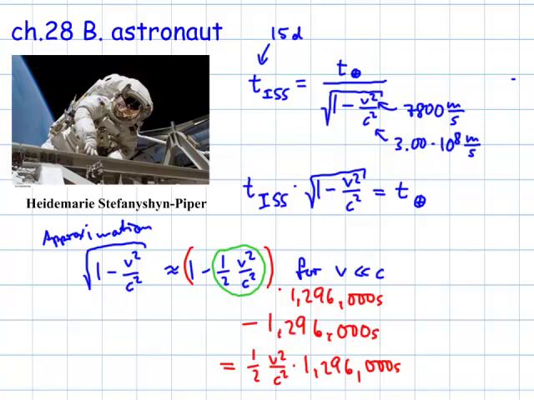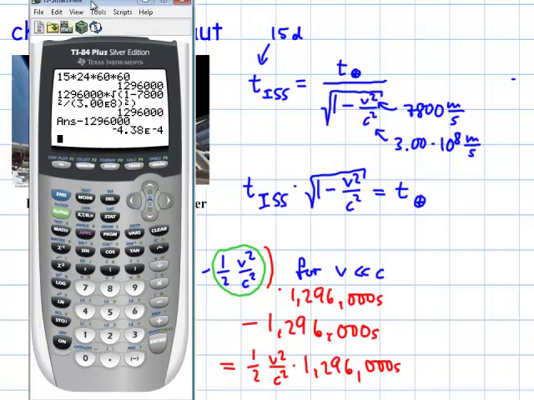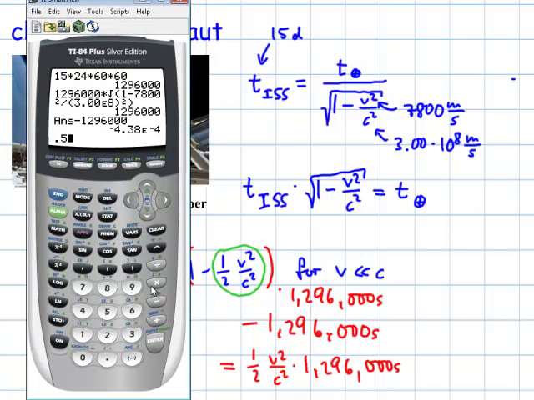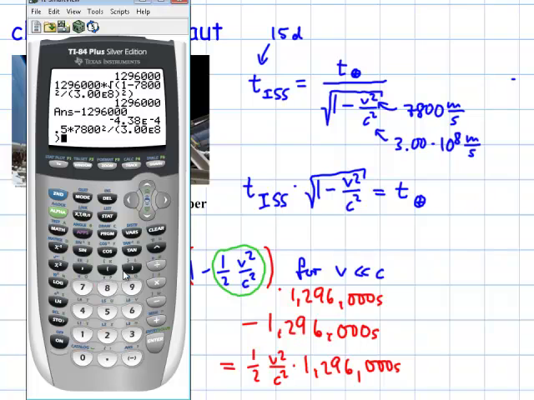Okay, so let me do that. It's going to be 0.5 times 7,800 squared divided by 3 times 10 to the 8th squared times the 1,296,000 seconds. And indeed it's the exact same answer, and I guess earlier I subtracted the other way, that's why I came up with a negative.